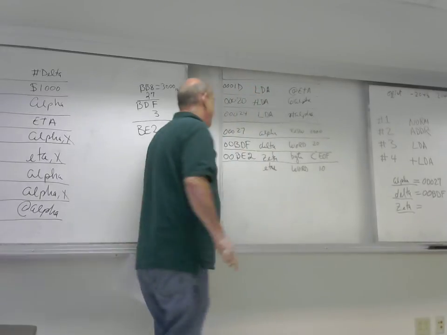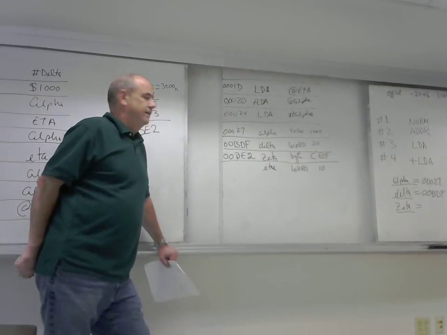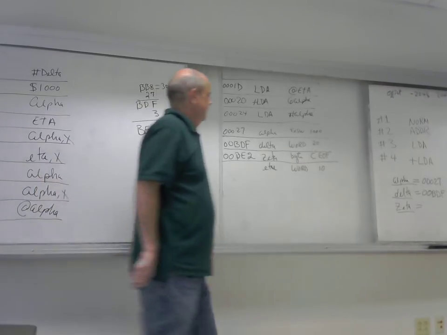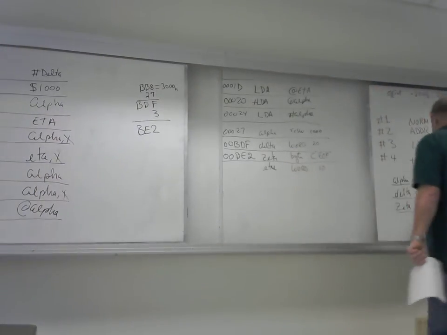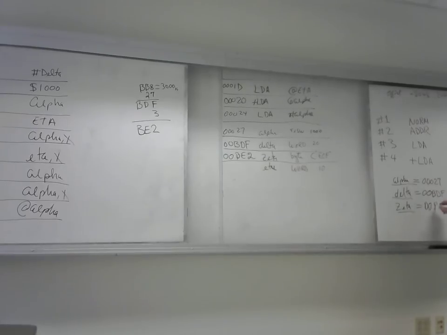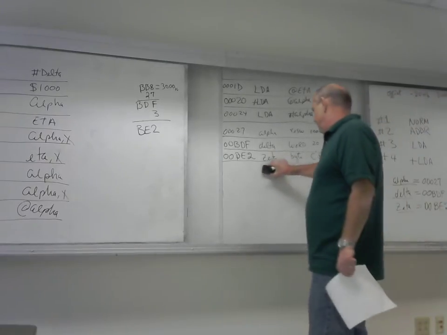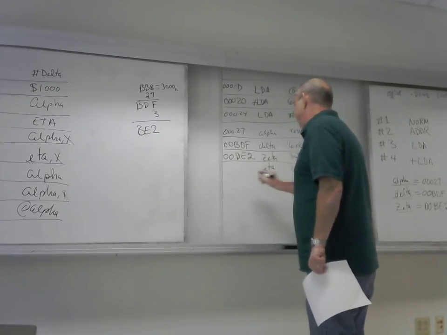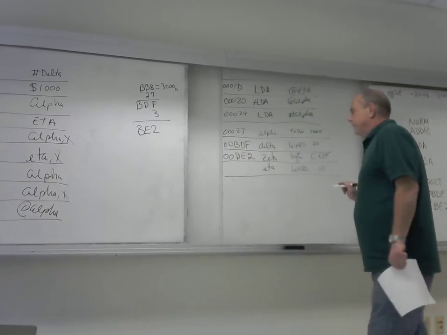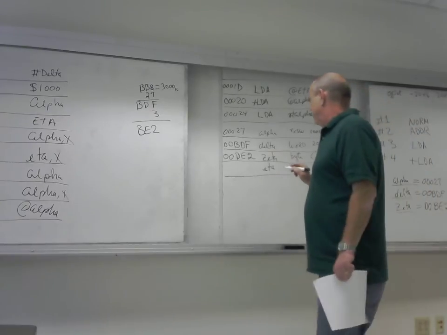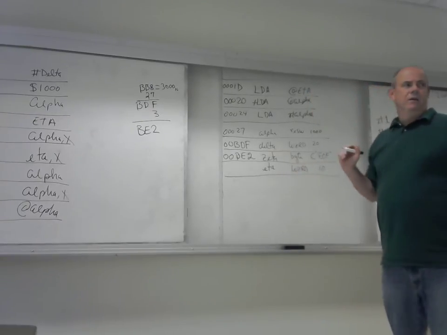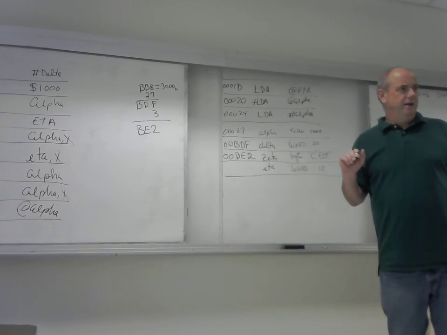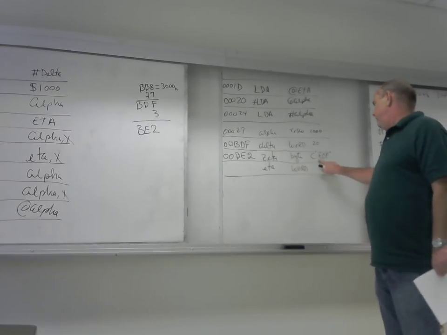Now, what is the address of the next symbol? Address of it. 3. Where did 3 come from? EOF.